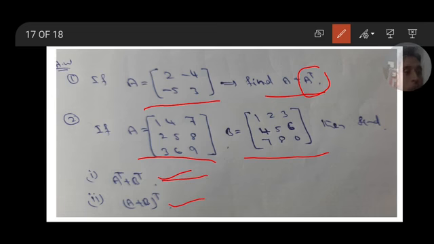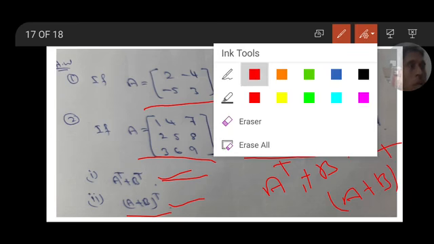A transpose plus B transpose means first we need to find A transpose, next B transpose, next add. (A plus B) whole transpose means first we have to find A plus B, then transpose. Okay, do the homework problems.